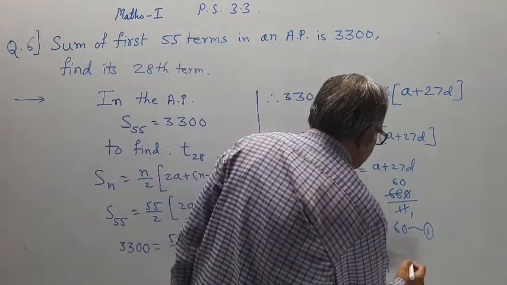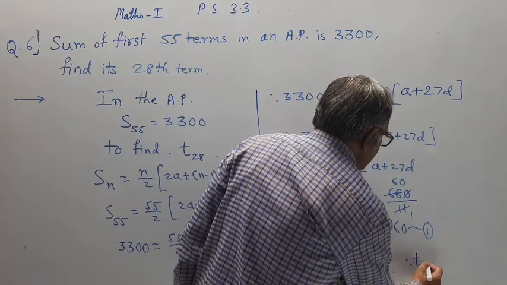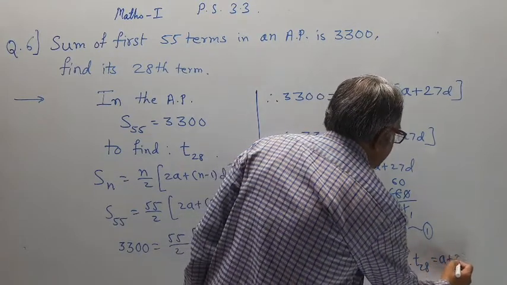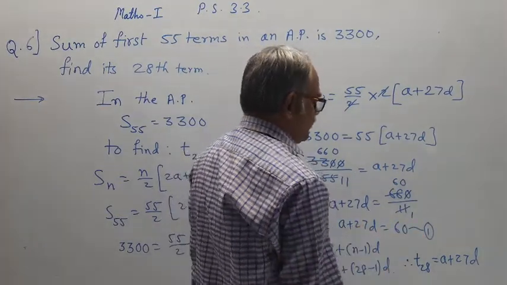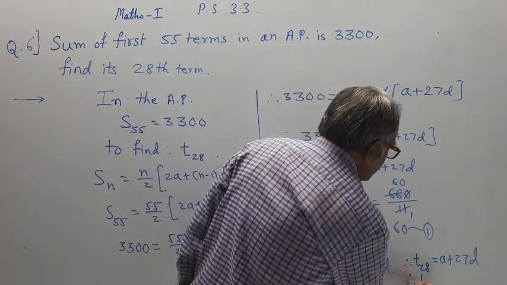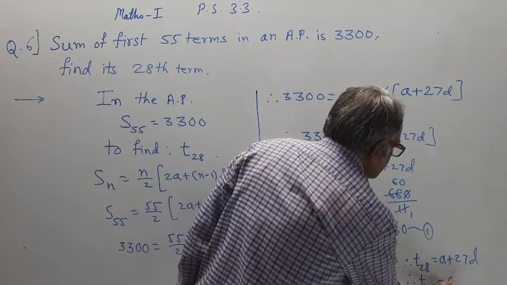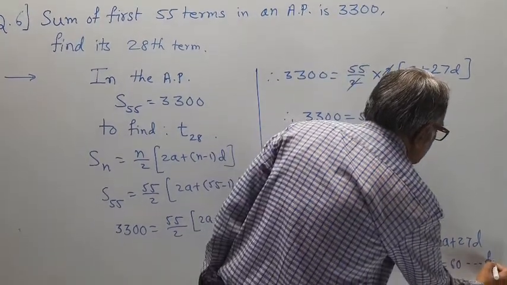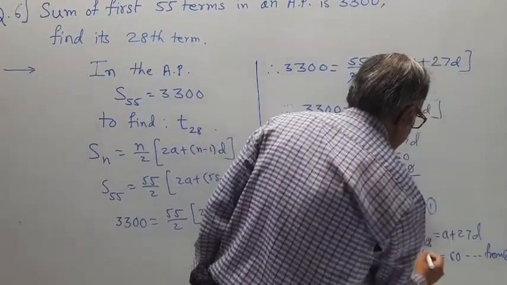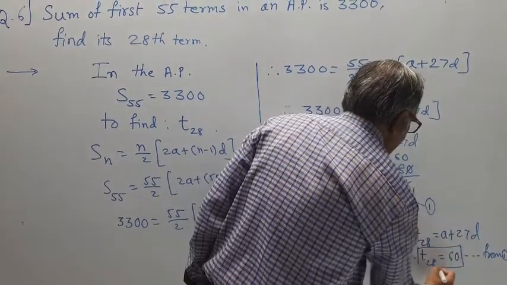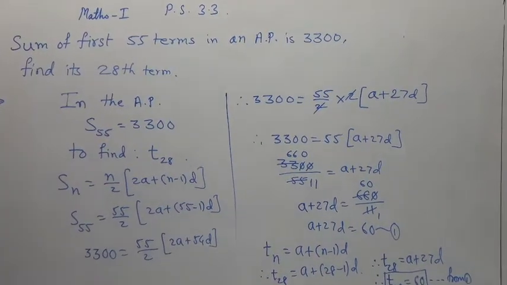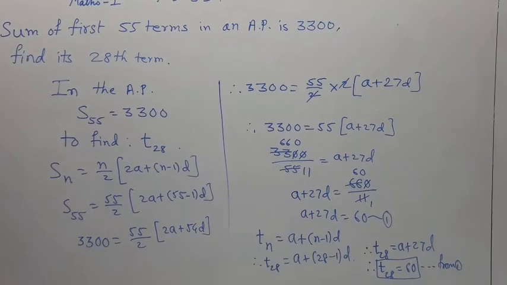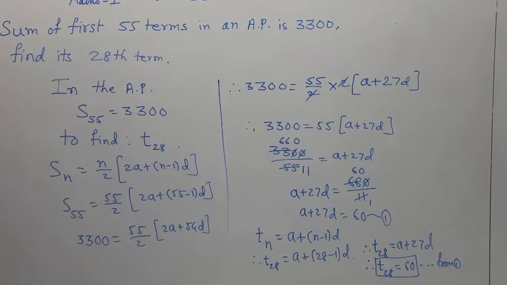Therefore T28 is equal to a plus 27d, and a plus 27d is nothing but 60. Therefore T28 is equal to 60, from equation 1.